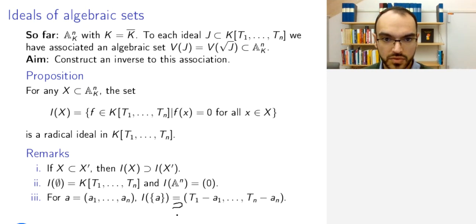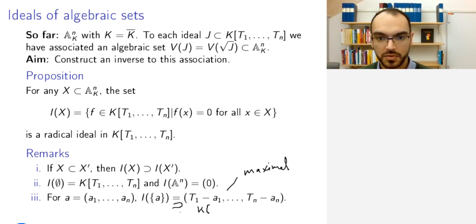The inclusion in this direction, or rather the equality, follows from the following. So, okay, this ideal is now included in this ideal. But this ideal is maximal. Why is it maximal? Because when you quotient by it, so let's call this ideal J, when you quotient by J, you get the field K. This is simply taking a polynomial and replacing every ti by the corresponding ai.